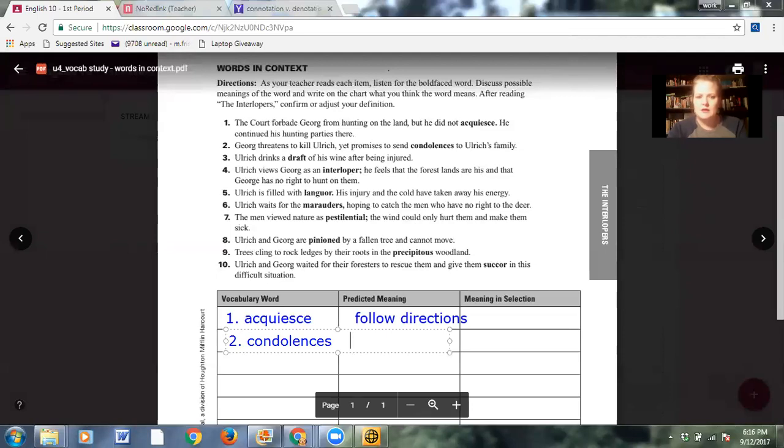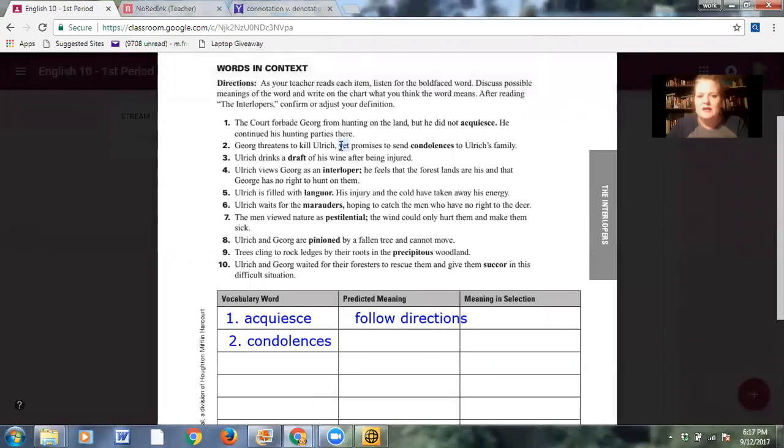Okay, somebody earlier said maybe they're going to send threats. I don't know. The key word here, however, is the word yet. Okay, yet kind of indicates an opposite.